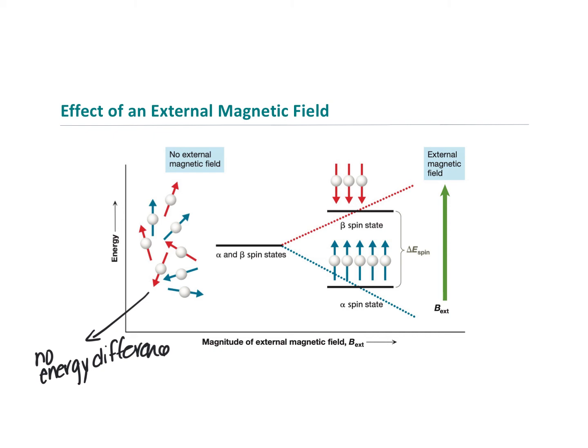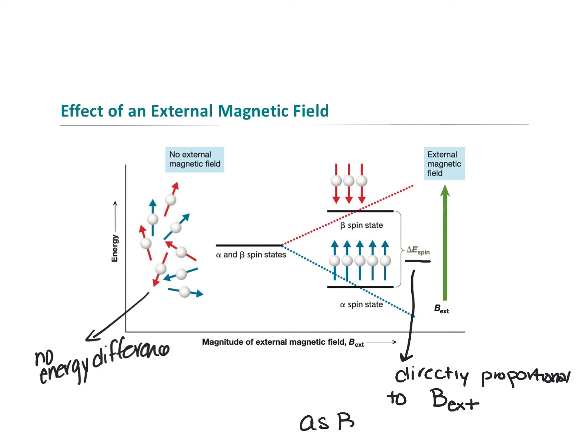Now, what's really interesting to us is this difference in energy between the alpha and the beta states. That's directly proportional to that external field. So, as that external field increases, so does the difference in energy between those spin states.